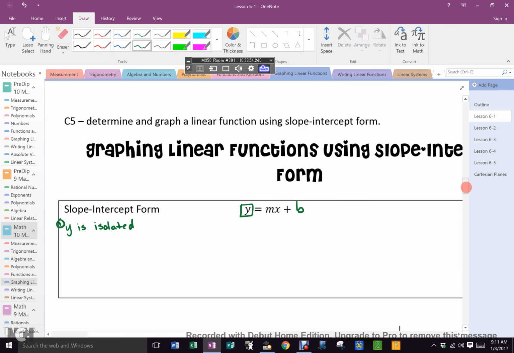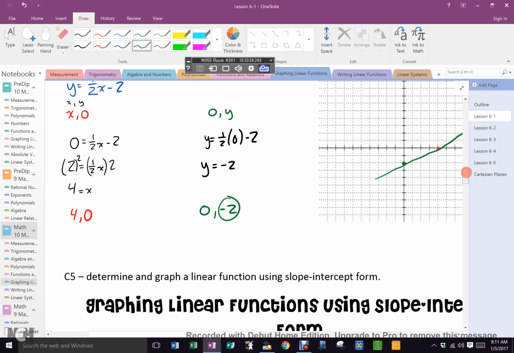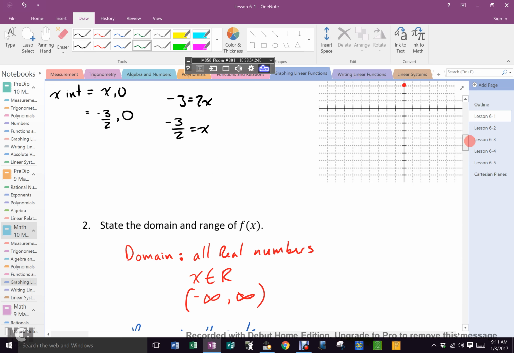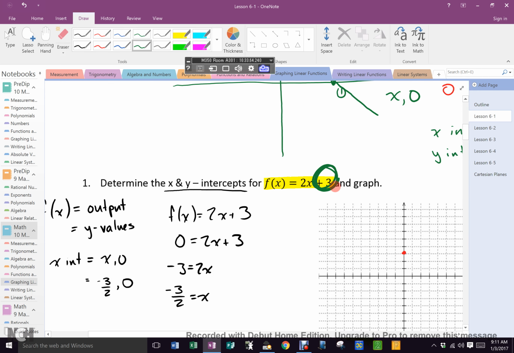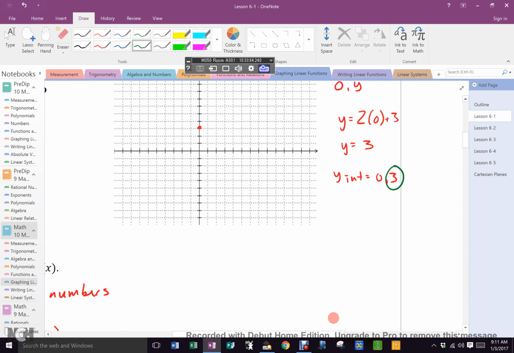Agreed? Now, what else do you know about this form? Remember, you guys are the ones that told me this looks exactly like these two equations we just did. What did you notice about that and that? That they gave me what?